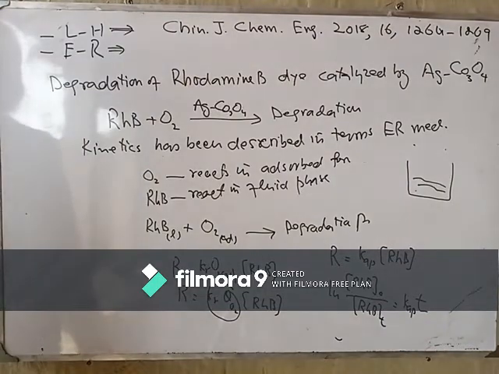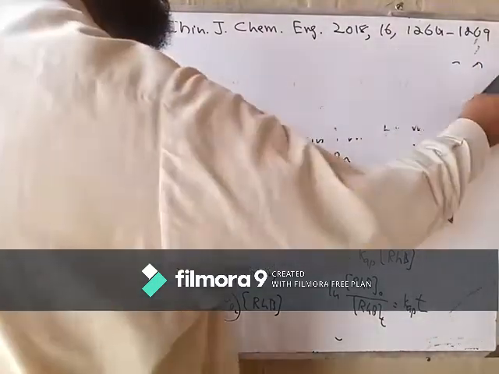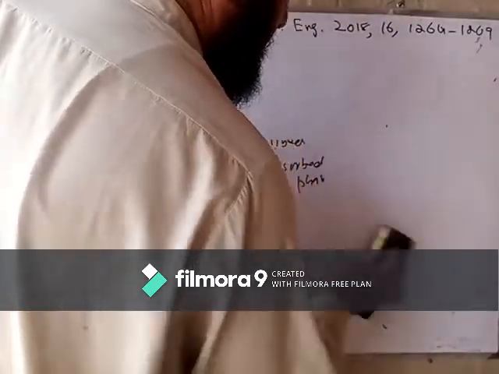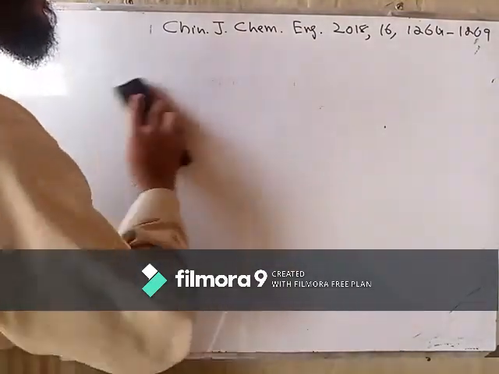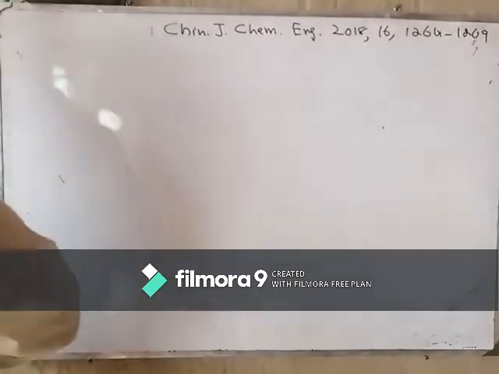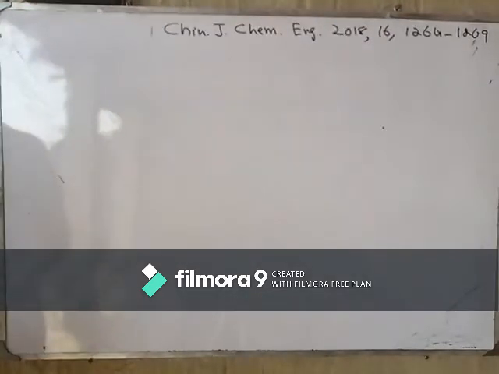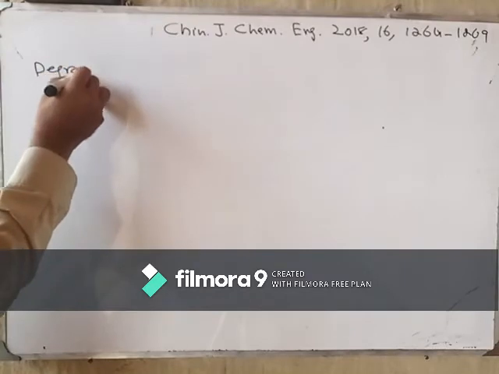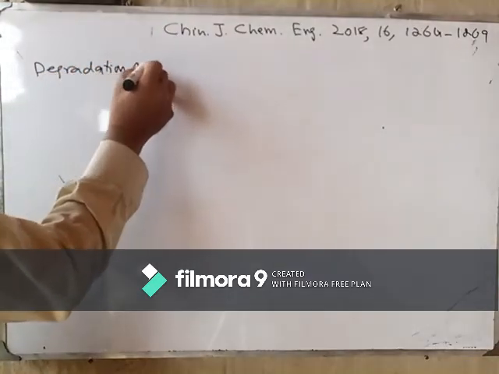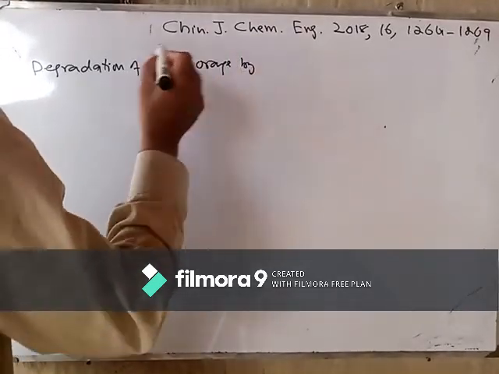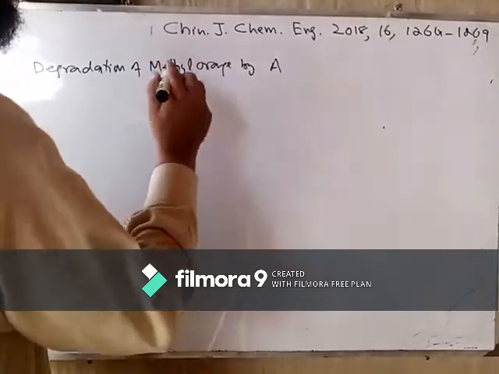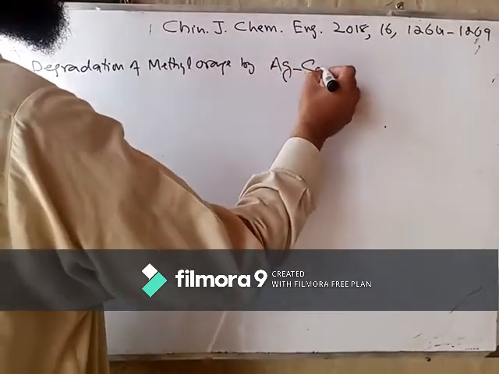So this is an example for the ER mechanism. Similarly, there are some more examples. For example, another reaction is the degradation of methyl orange by AgCo3O4 catalyst.